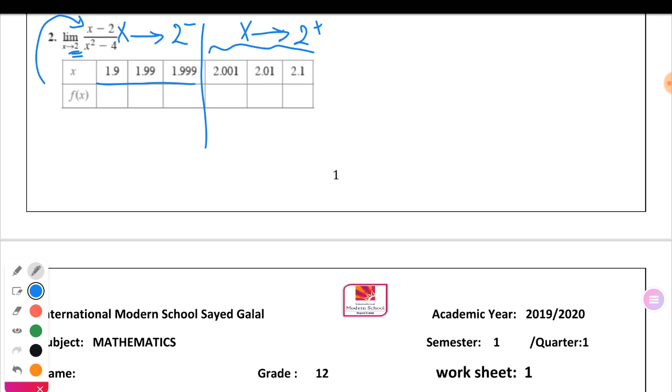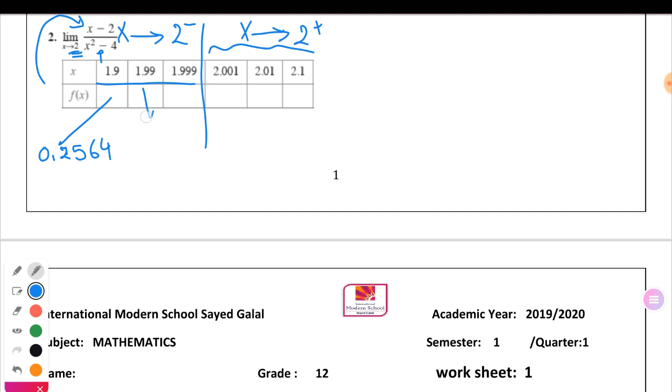In this lesson I need the skill of using a calculator to evaluate any value. Here, if we replace x by 1.9 in this function, please use your calculator to make sure of my result. It will be 0.25564, that is the first value.